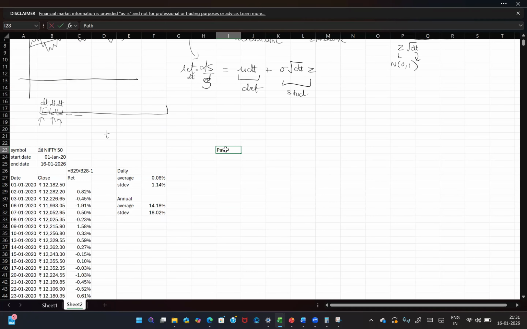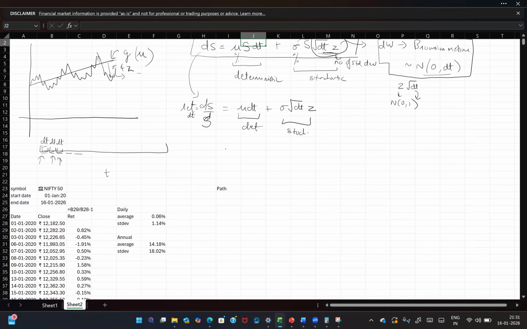So in the simulations, as we were saying, suppose we are trying to find the stock price after, say, 22 days. Which means that I will try to simulate the stock price.